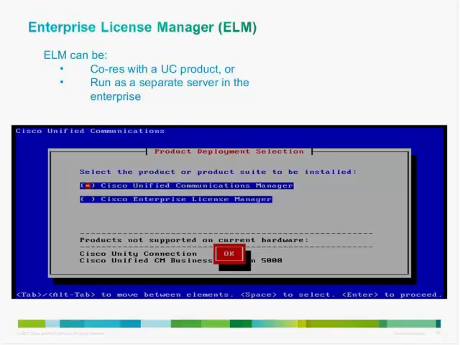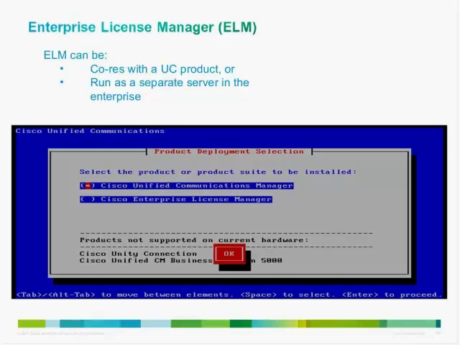When you start the installation, you will get two options, as you can see in the screenshot: Cisco Unified Communications Manager and Cisco Enterprise License Manager. So Enterprise License Manager can co-reside with a UC product.